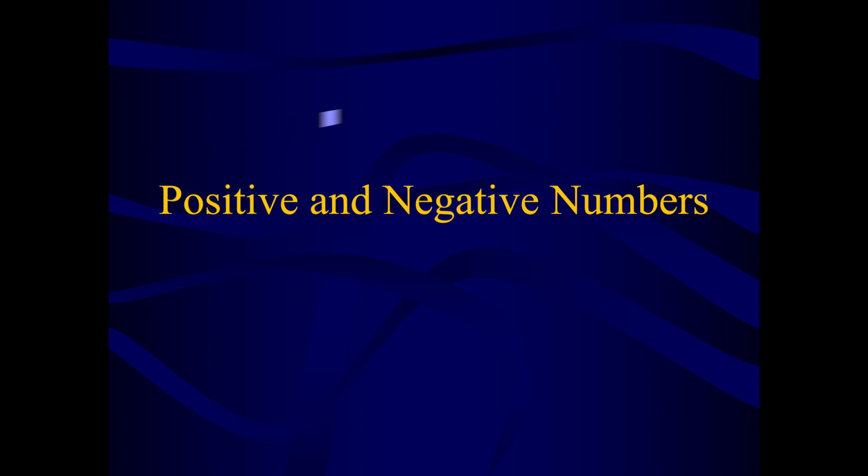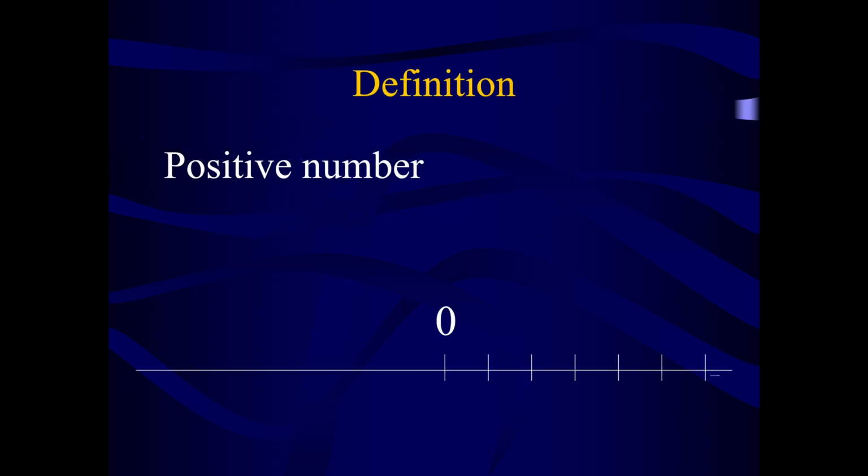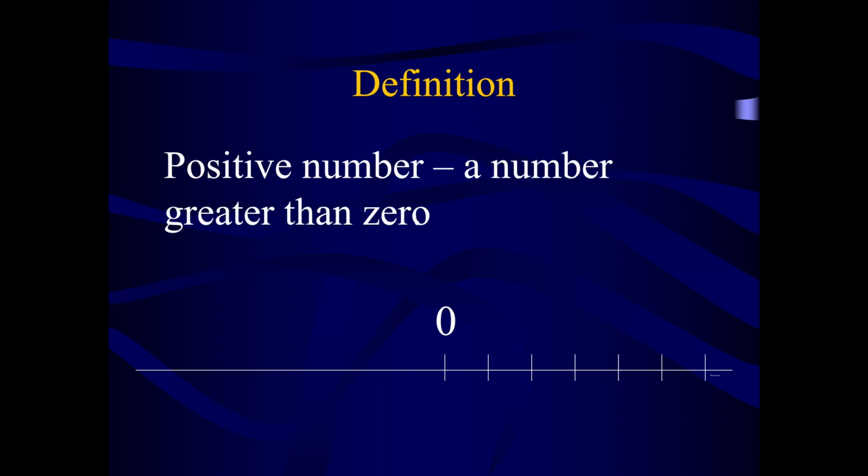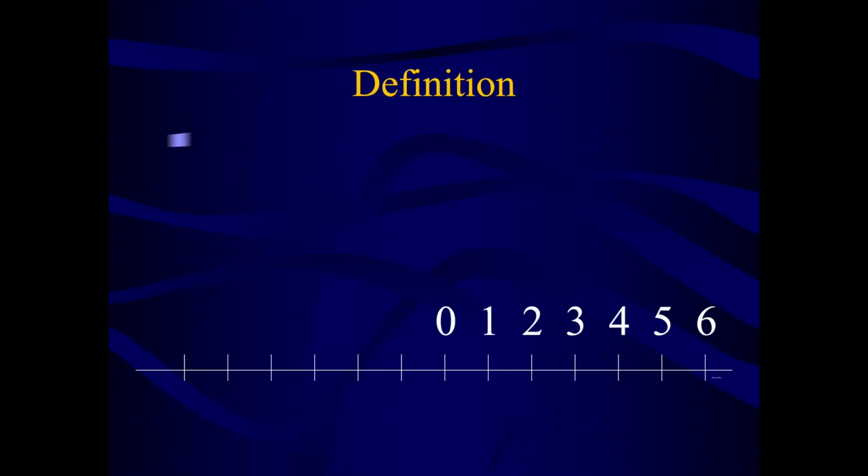Positive and negative numbers. Definition. Positive number, a number greater than 0. You can see on the right-hand side of the number line, 1, 2, 3, 4, 5, 6. They're positive numbers. Definition.